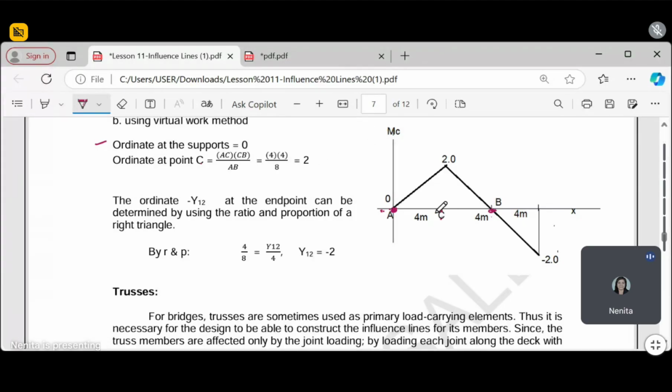So, what is our AC? 4. Our CB is 4, over AB which is 8. So, that is 2. We got the 2.